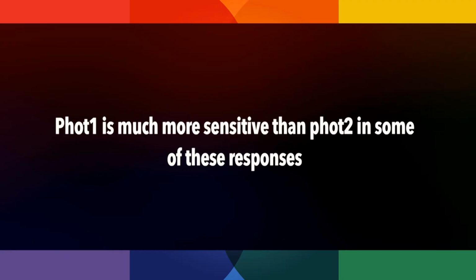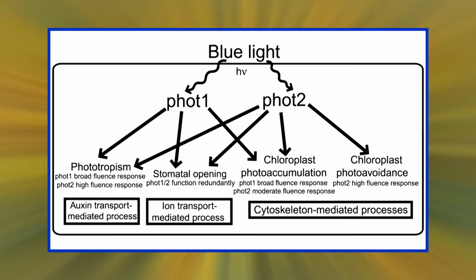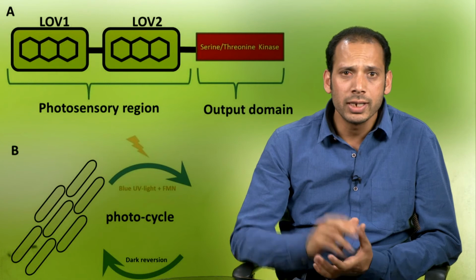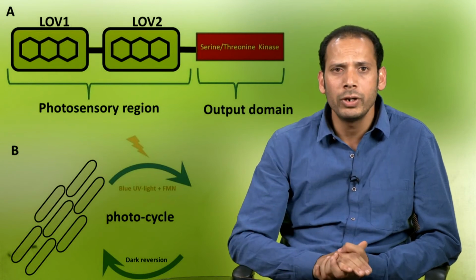However, phototropin 1 is much more sensitive than phototropin 2 in some of these responses. Although both phototropin 1 and phototropin 2 mediate the chloroplast accumulation response, the avoidance response is solely mediated by phototropin 2.